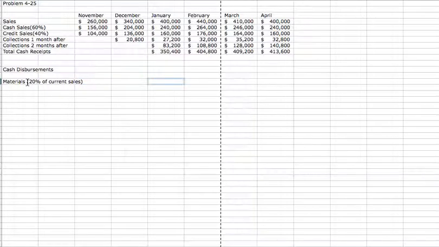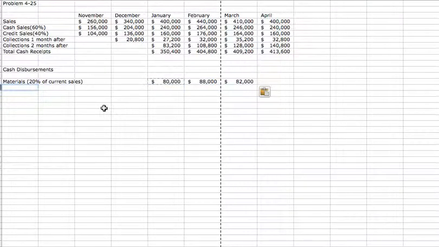So we can do this just for January, February, and March. Those are the 3 months that we're most concerned with. So let's see, materials is 20% of current sales, so we take current sales, multiply that by 0.2, and that's our cash disbursement for materials. And we're going to go ahead and paste that formula. Okay, those are cash disbursements.